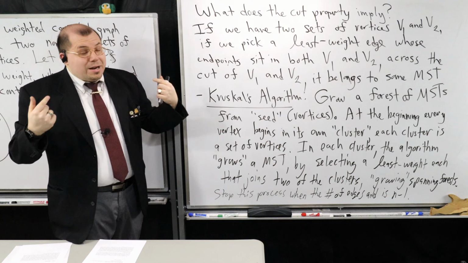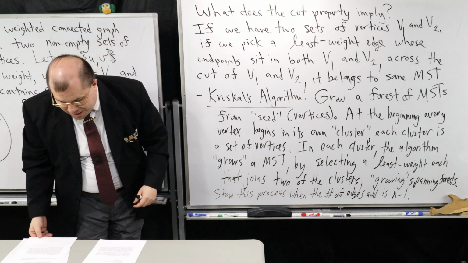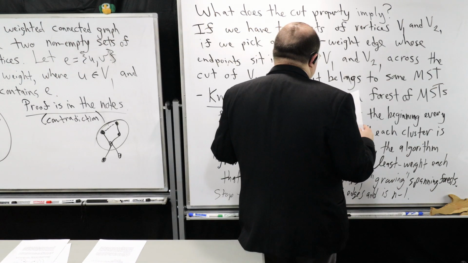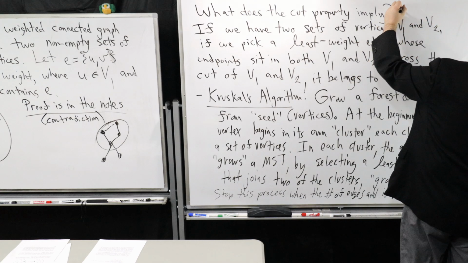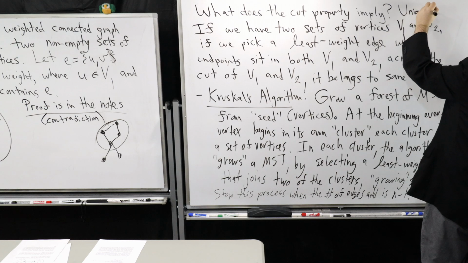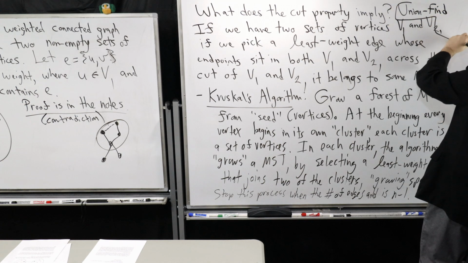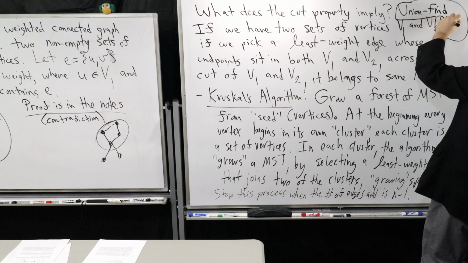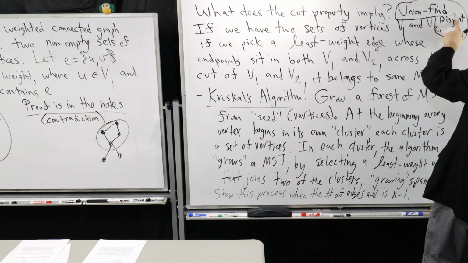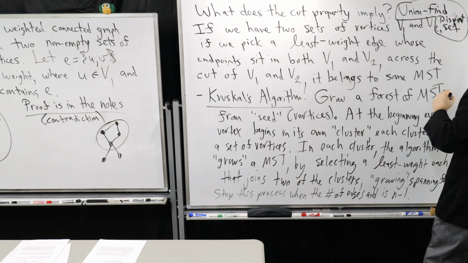Now, one way you can implement this, a more standard way of doing this, is using a union find data structure, disjoint sets. So I'll just mention that. I'm not going to be talking about those, but they're very fascinating structures I encourage you to look into. They're called union find disjoint sets, a kind of disjoint set data structure.